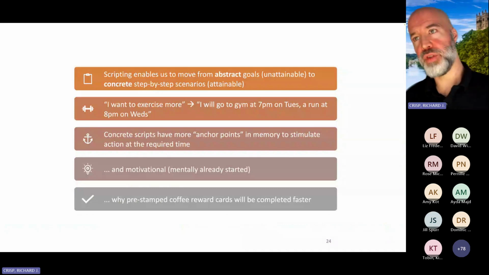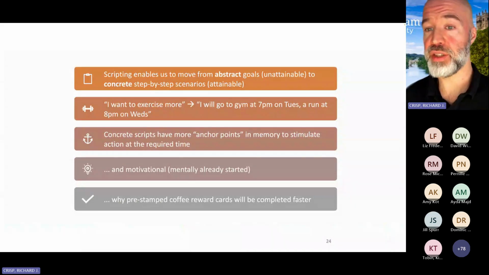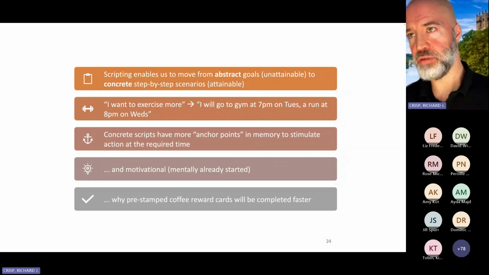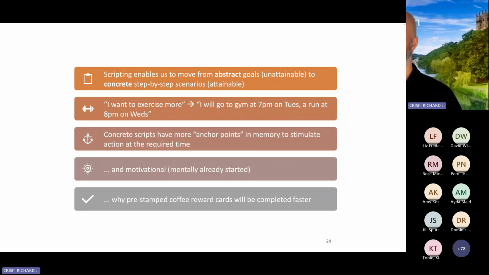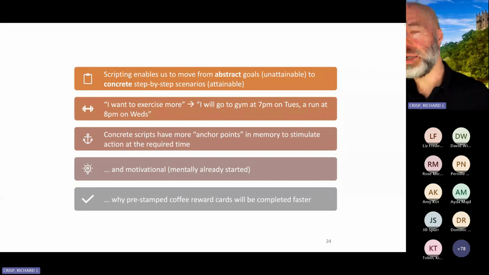So the really important thing about scripting is it enables us to move from abstract goals to concrete steps. And this is really, really fundamental. Many organizations have core abstract values, and absolutely, they serve a purpose, but abstract values are really broad.